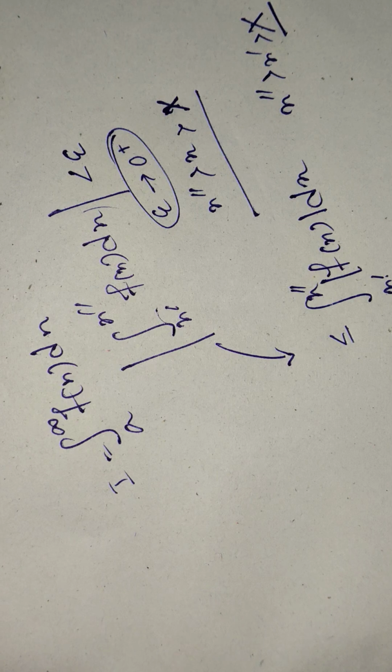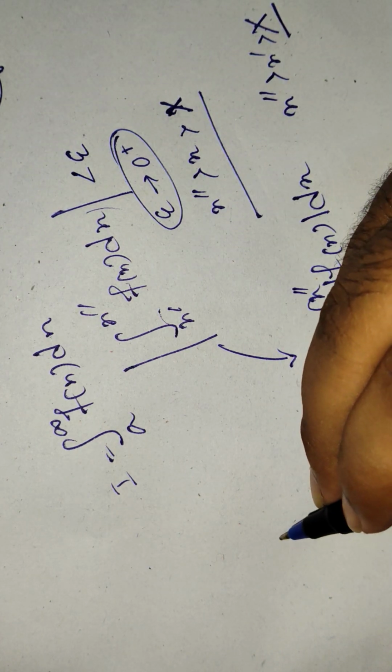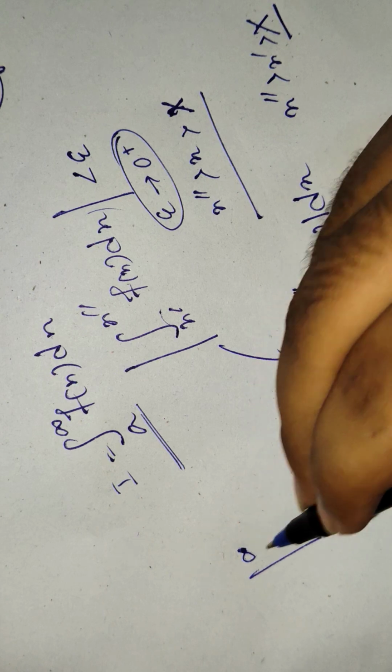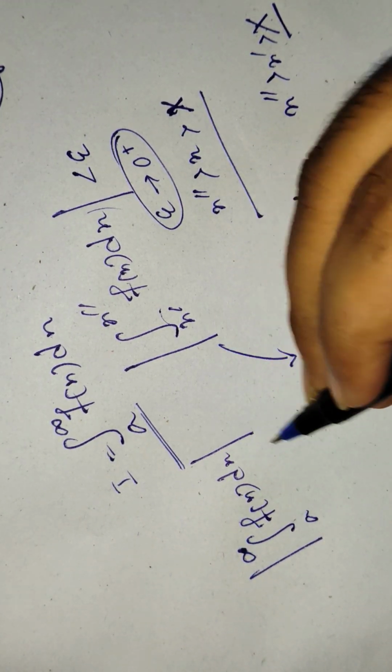Now, basically, what is absolute convergence? Let's say this is the integral, and we are taking the mod of this integral, from a to infinity of f(x) dx.